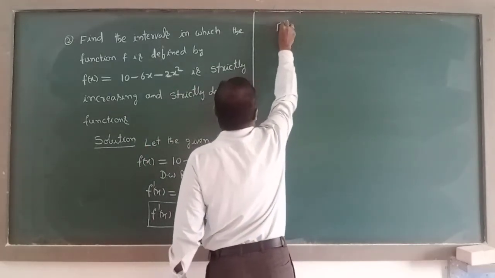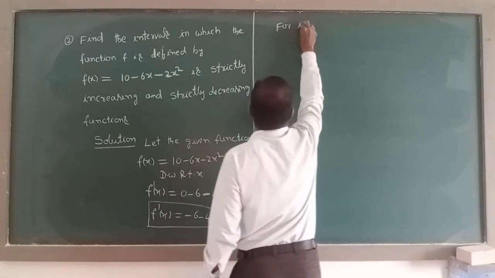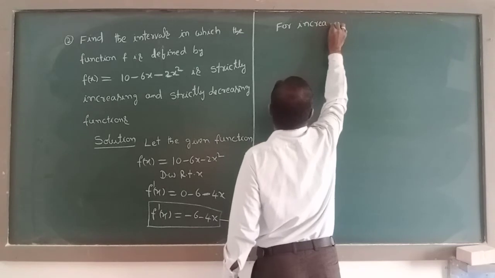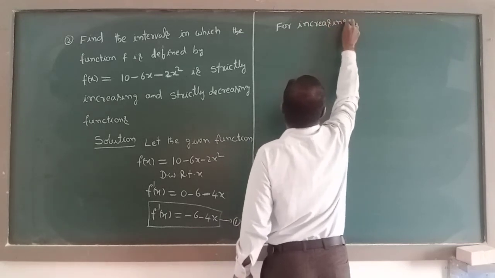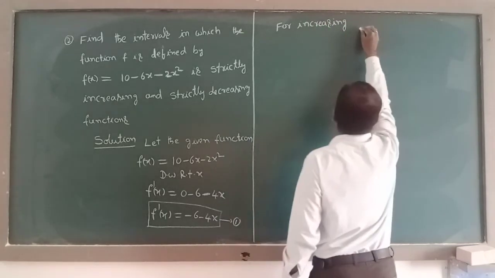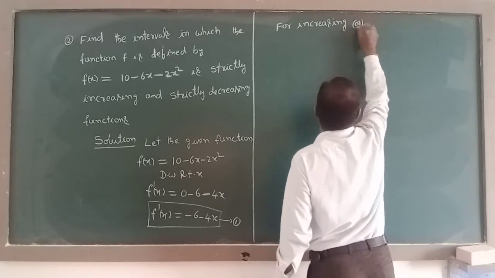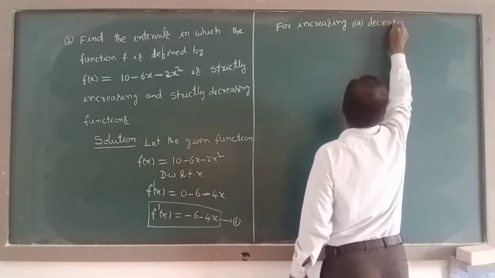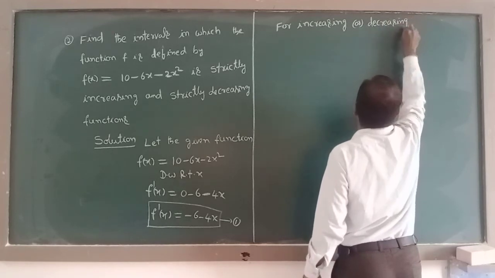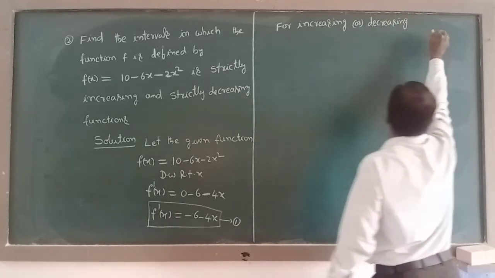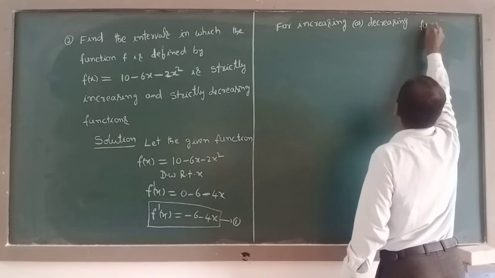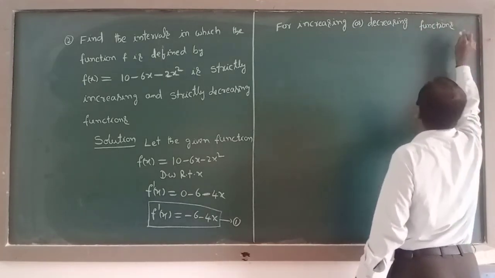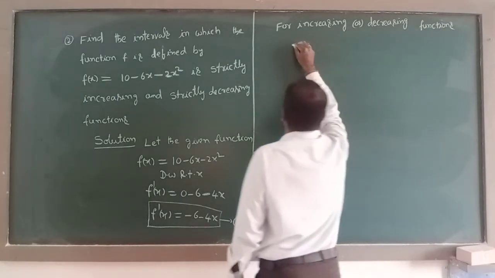For increasing or decreasing functions, f dash of x is equal to 0.